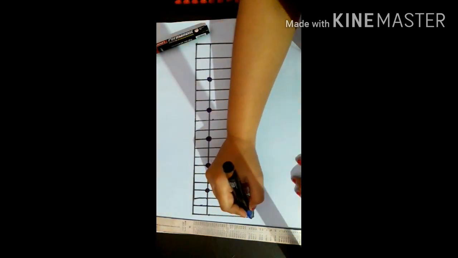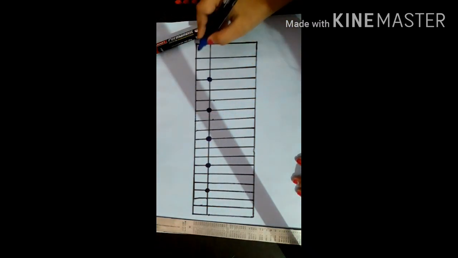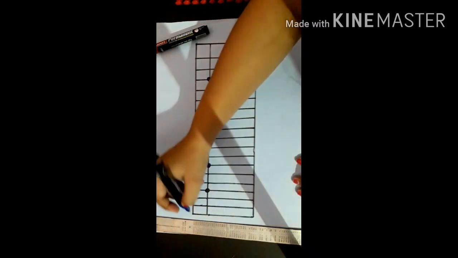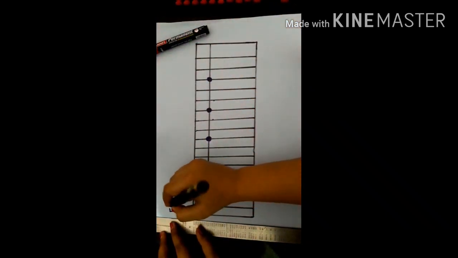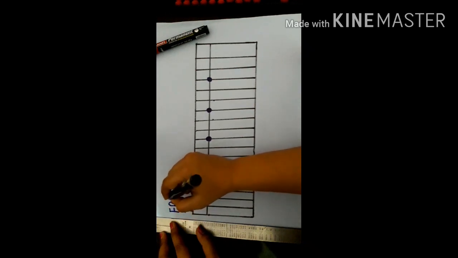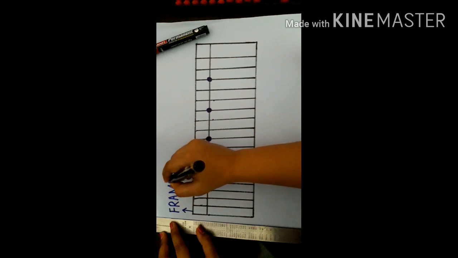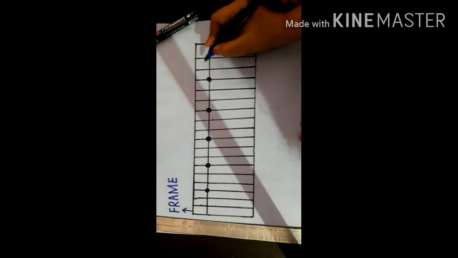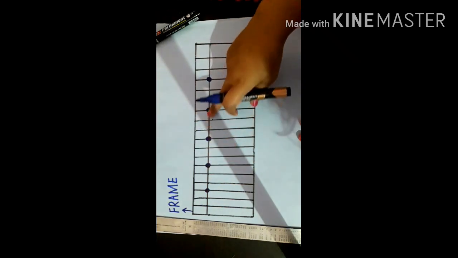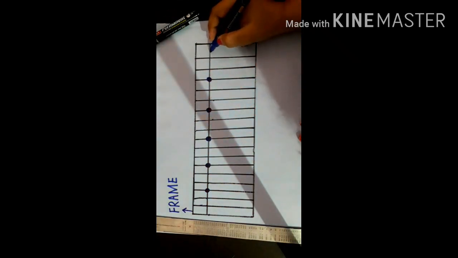First of all, the outer part is called the frame. And the line which is going through the middle, this line is called the bar.